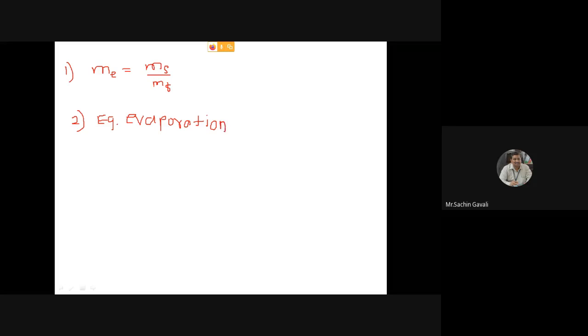Equivalent evaporation means, if we want to compare two boilers having different operating conditions, for example, their boiler pressure is different, their saturation temperature is different, and the feed water temperature of one boiler is different from the other, then to compare the efficiency of the two boilers, this equivalent evaporation term is used.